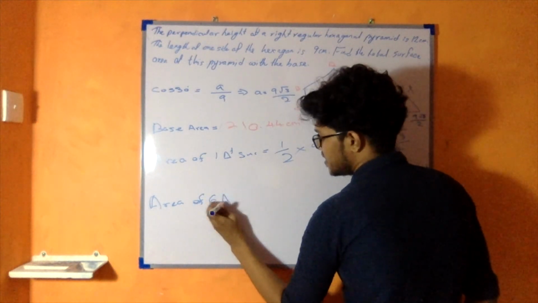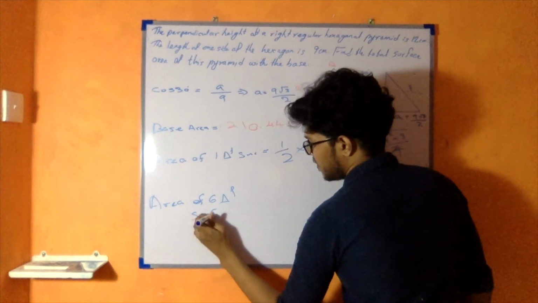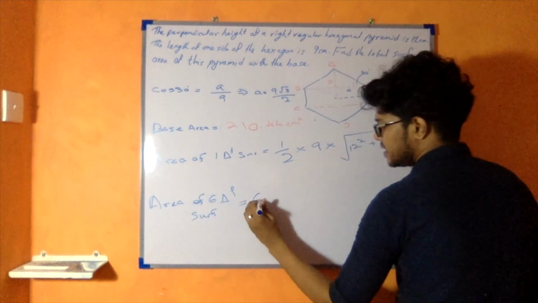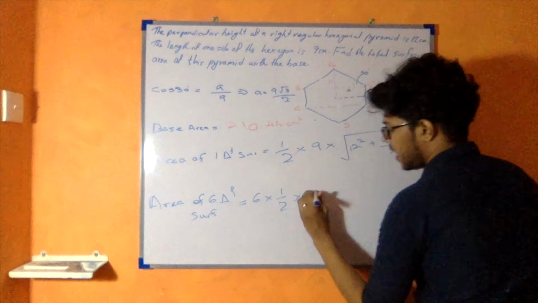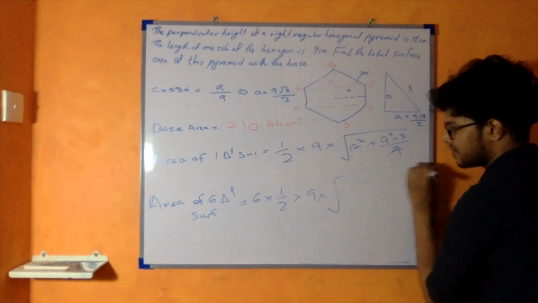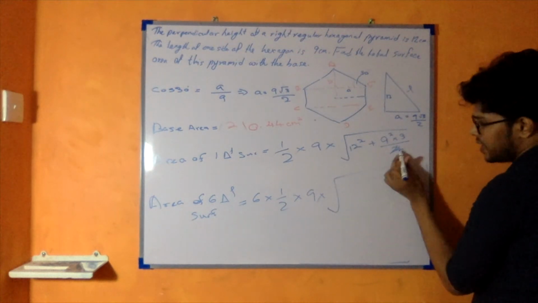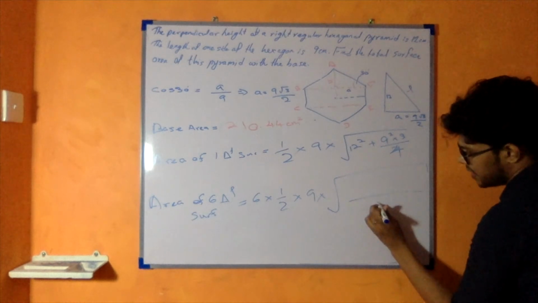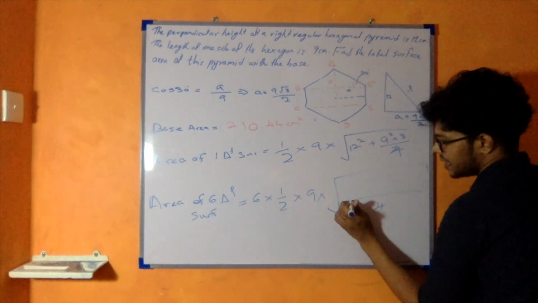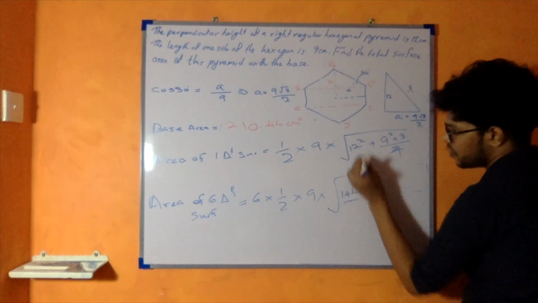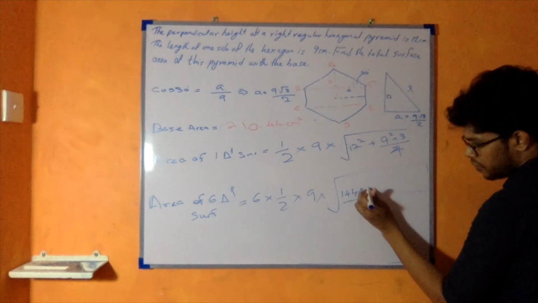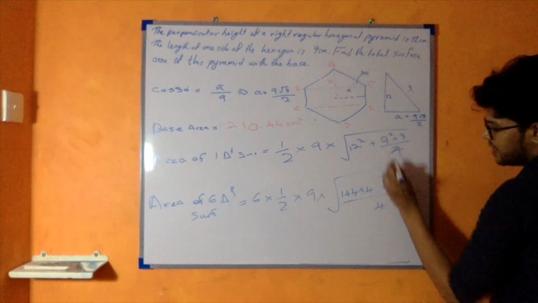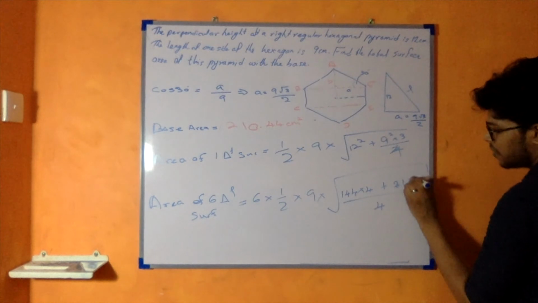Area of 6 triangle surfaces is going to be equal to 6 into half into 9 into... I'm going to take the common denominator. So common denominator, 12 squared is 144 into 4 plus 9 times 9, 81 into 3.